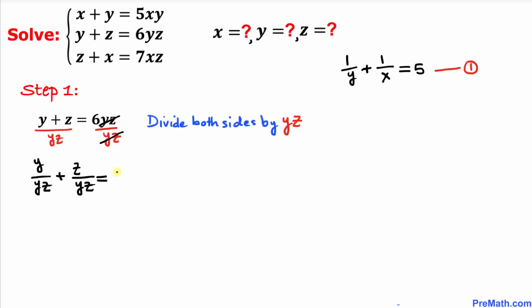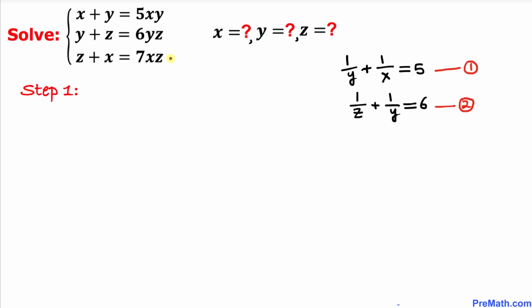So we ended up with only 6. Now we can see that y and y are gone, and likewise z and z are gone as well. So we ended up with 1 divided by z plus 1 divided by y equal to 6. Let me go ahead and call this our equation number 2.